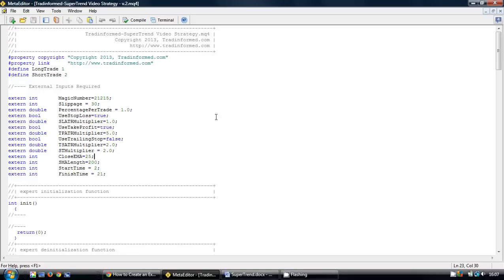Okay, so starting right at the very top of our program here, we've got some grayed out information. This is general information about the expert advisor, and a little bit further down we have similar grayed out information. We signify this by using 2 forward slashes, and we do this so that we can make notes within the program.